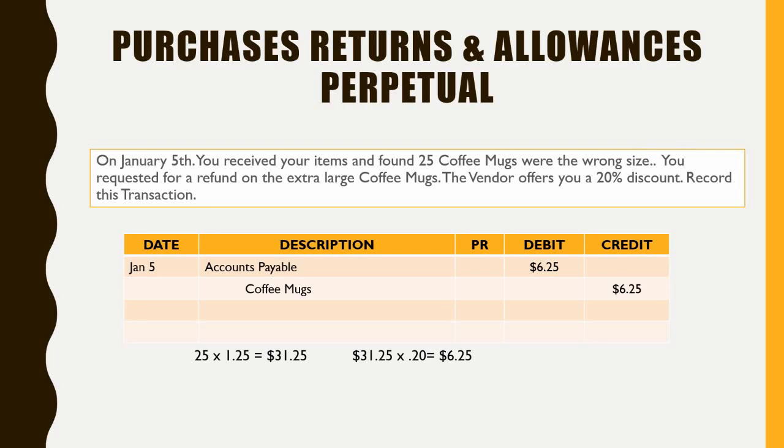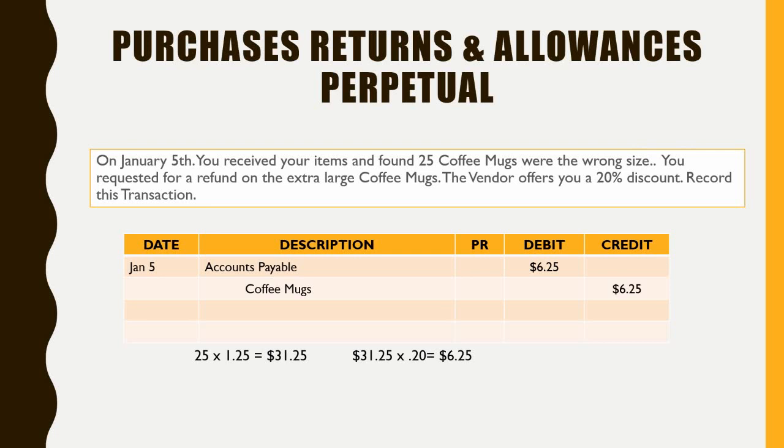In this case, because we've established that all of these items are inventory items, we can freely take in or out of our stuff because we know where we placed it. They're all in inventory. Okay? So when we make a return, it's straight out of inventory. When it comes to an allowance, straight out of inventory. Okay? All right? Any other questions in regards to purchase returns and allowances?